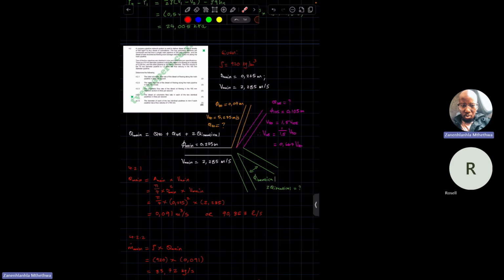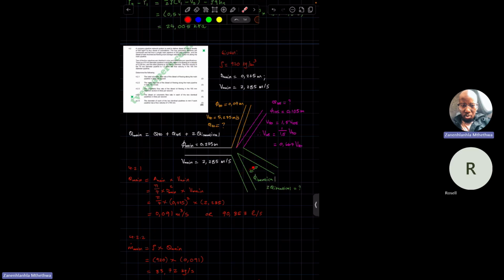Now they say 2 of the 4 pipelines are identical in size and have unknown specifications. So I drew a schematic illustration of this problem. We are told here that you have a main pipe feeding 4 pipes.